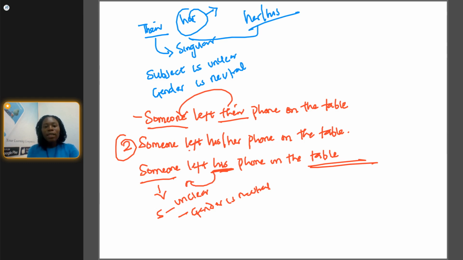So if you say someone left his or her phone on the table, this is grammatically right, but it is better you say someone left their phone on the table. Like I mentioned, you can use their for a singular subject if the subject is unclear and if the gender is neutral.